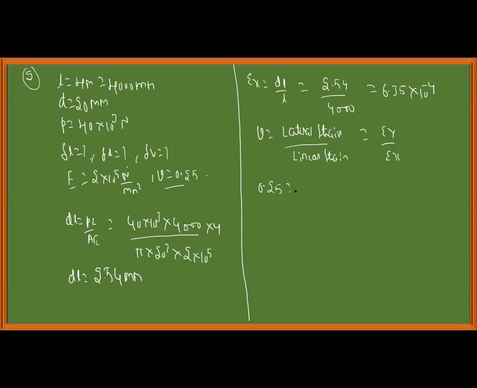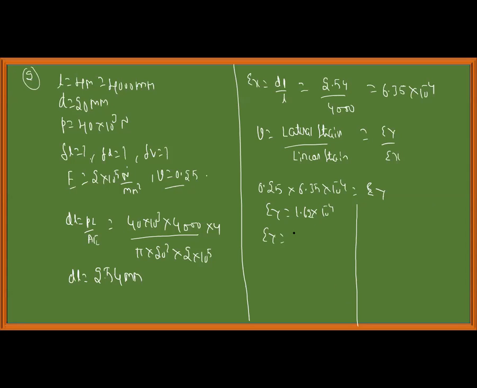So 0.25 into 6.35 into 10 power minus 4 is equal to epsilon y. Can you tell me what is epsilon y? 1.6 into 10 power minus 4.